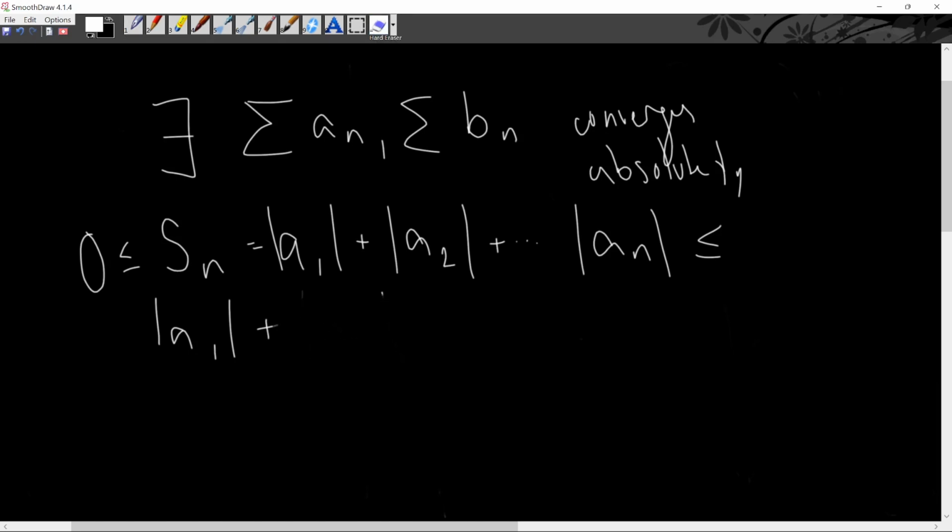Let me put the ellipses to say that we have this sequence continuing, plus a sub n. If we have this, and then we add b sub n plus 1, the n plus 1th term in b, and then on and on. If we said that t sub n was the sum up to n for b, then b sub n plus 1 is what is left.